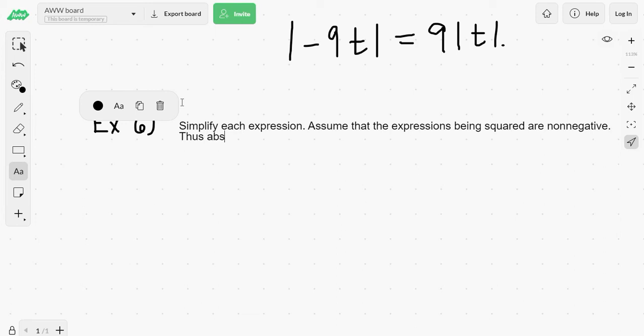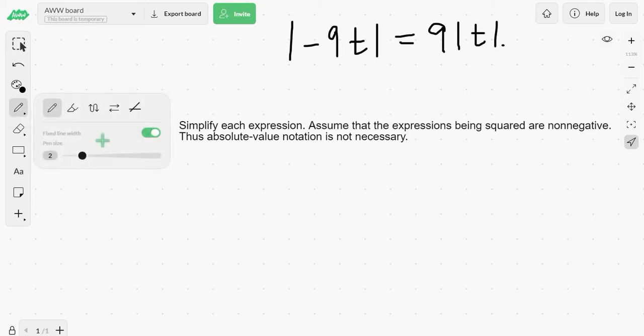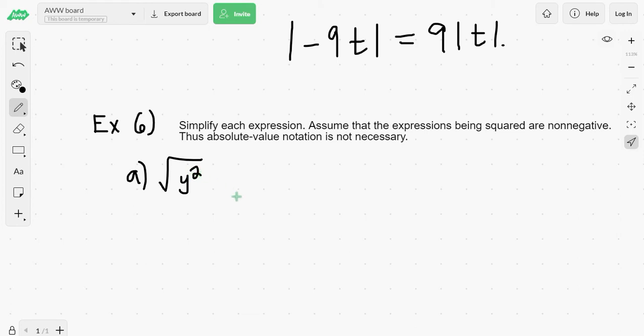Assume that the expressions being squared are non-negative, thus absolute value notation is not necessary. So, for example, say we want the square root of y squared. Y is assumed to be non-negative, so we just get y as our answer.